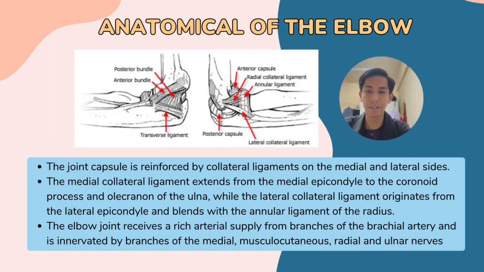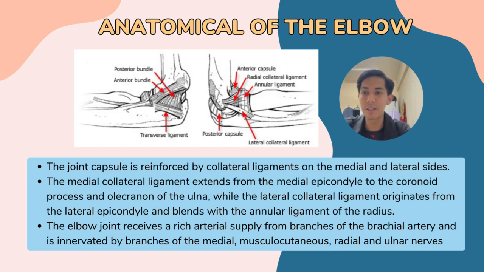For the next part, we can see from the diagram that I attached in the slide that the joint capsule is reinforced by the collateral ligaments on the medial and lateral sides.